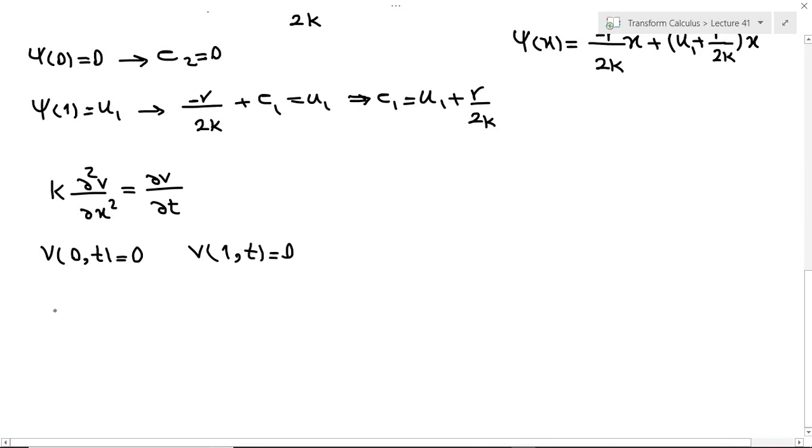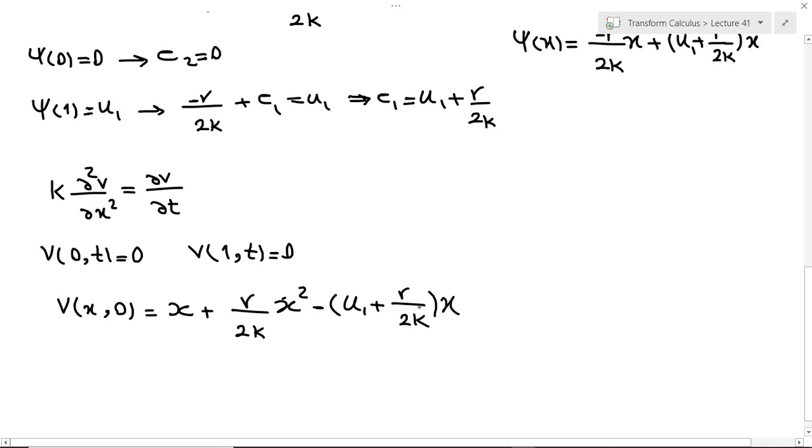And the initial condition, we have v of x and 0 is equal to x plus r divided by 2k x squared minus u1 plus r divided by 2k times x.